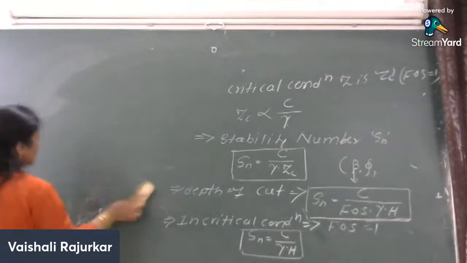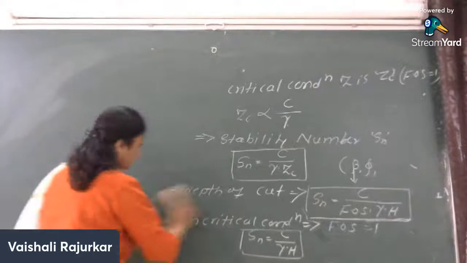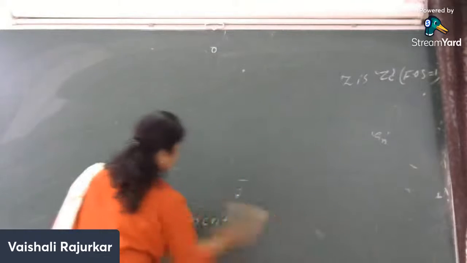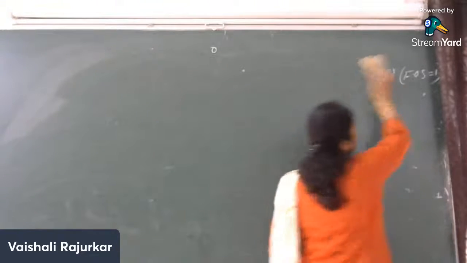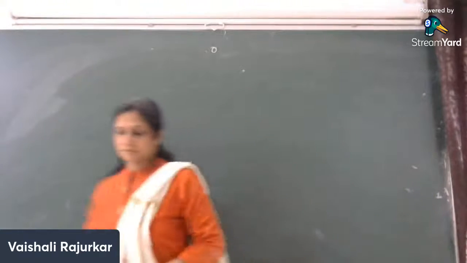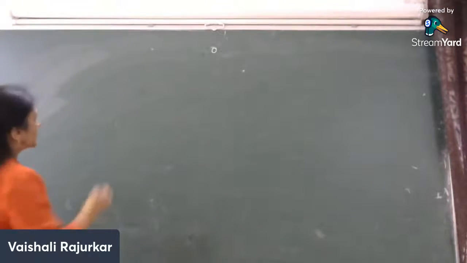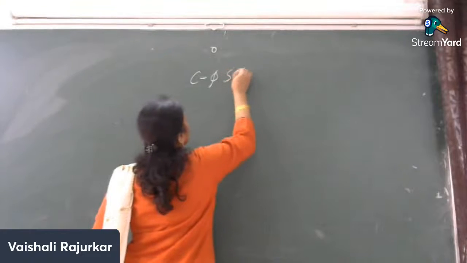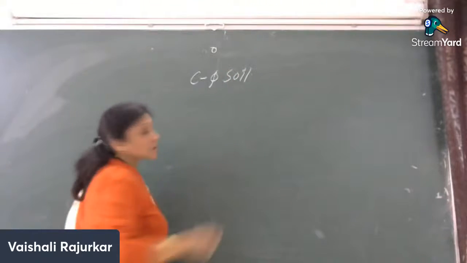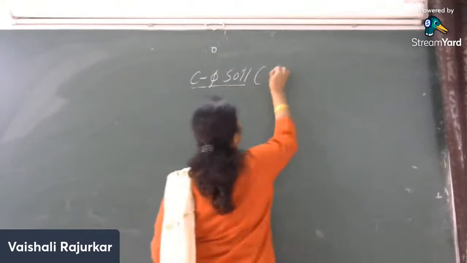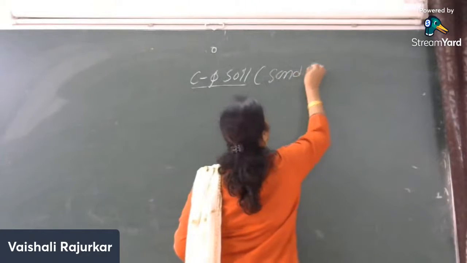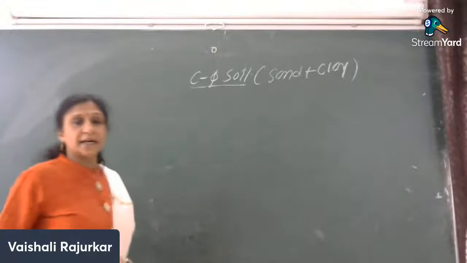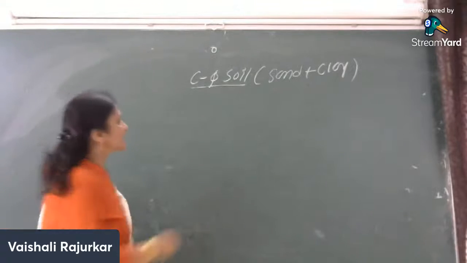That is called C-phi soil, when it possesses both sand and clay.